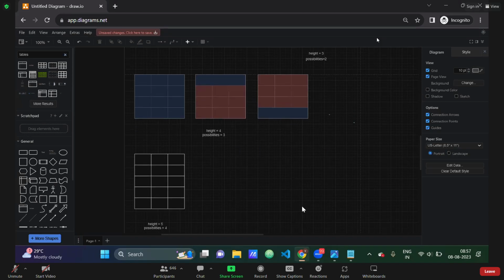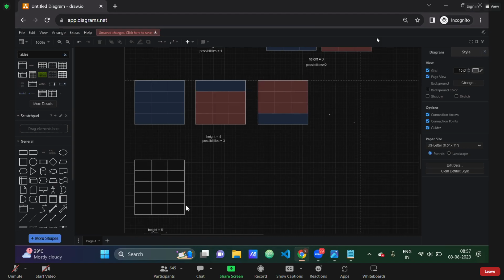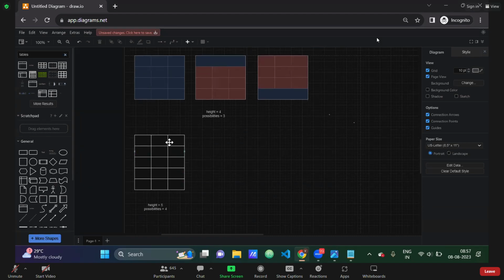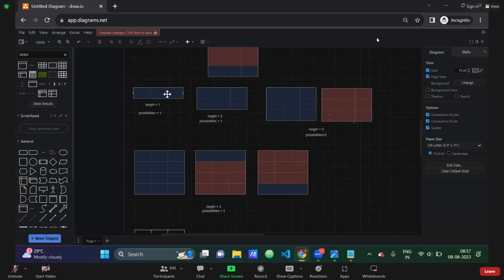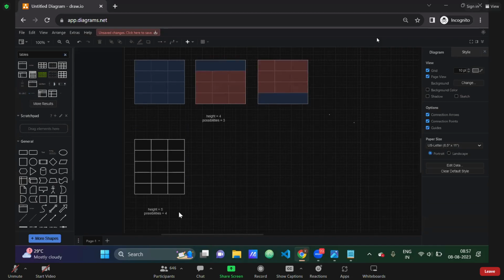So for example, if you have 5 by 5, what is the answer? That is possibilities of 4 by 4 plus possibility of 1. That is 3 plus 1, 4. So your answer is 4 possibilities.